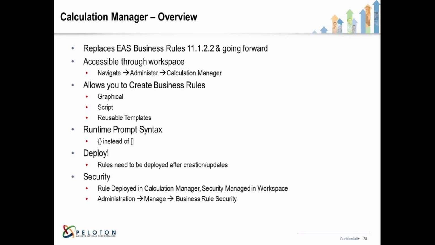So if you deploy them all at once, you might get lost and not know where the rule is. Versus if you just make a modification to one rule and you deploy that, it's going to be on the last page, the last thing you see, so you know exactly where to go to run it. But it doesn't matter if you deploy them all at once or one at a time.